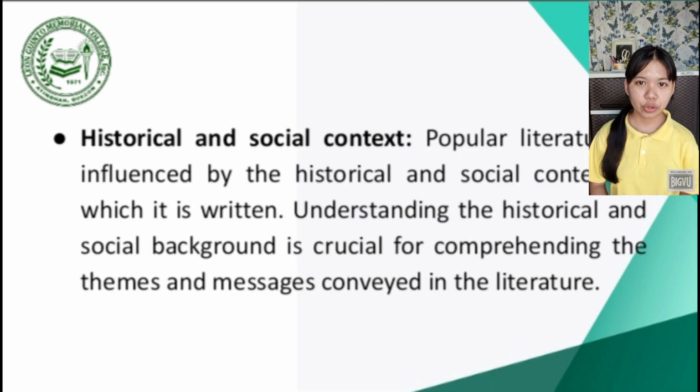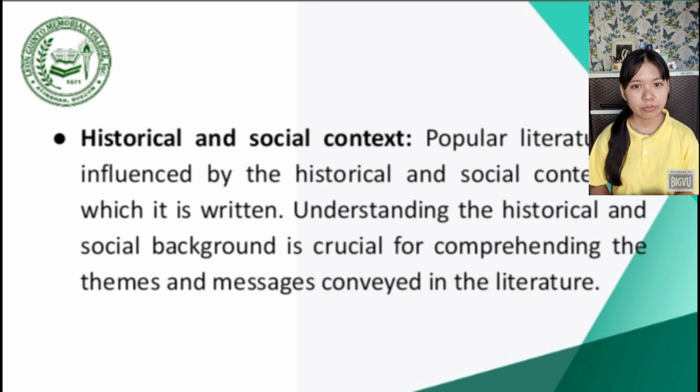Next is historical and social context. Popular literature is influenced by the historical and social context in which it is written. Understanding the historical and social background is crucial for comprehending the themes and messages conveyed in the literature. So, popular literature is influenced by the time period and society in which it was written.